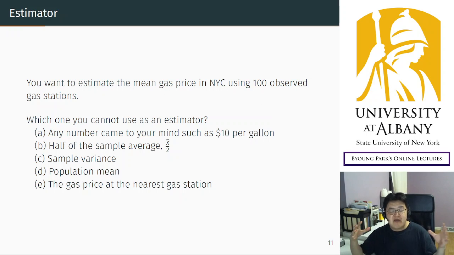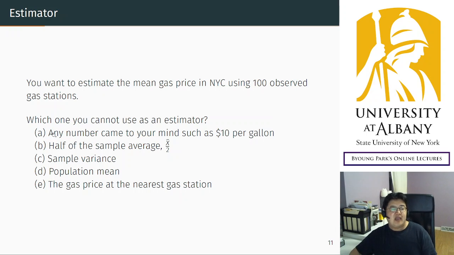So you have 100 observations about gas prices. Which one can you not use as an estimator to estimate the mean gas price? Most of them sound totally wrong, but I don't care. At this point, there is one that simply cannot be an estimator.